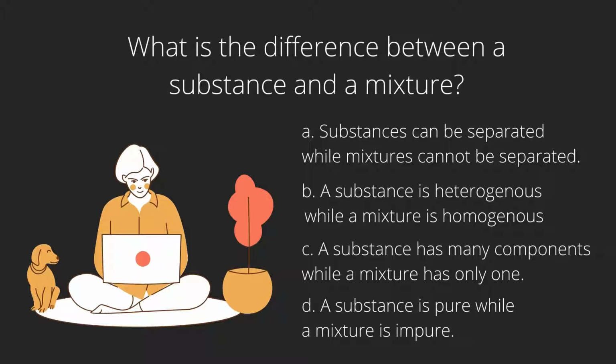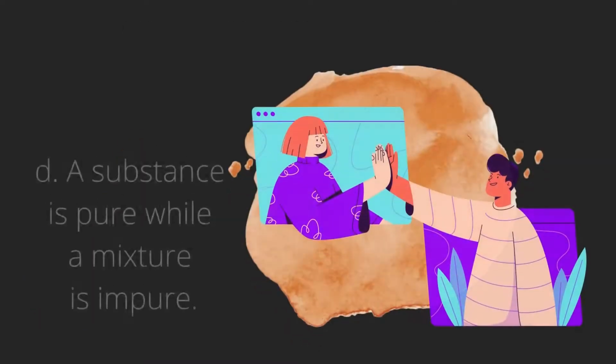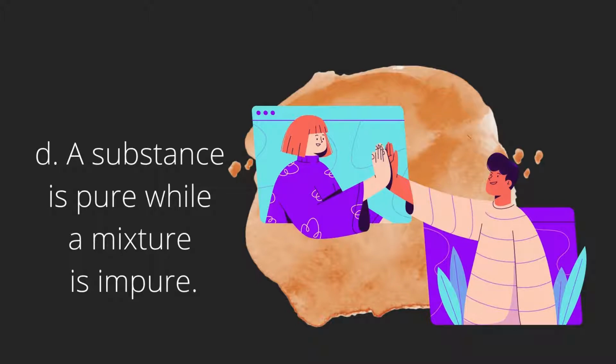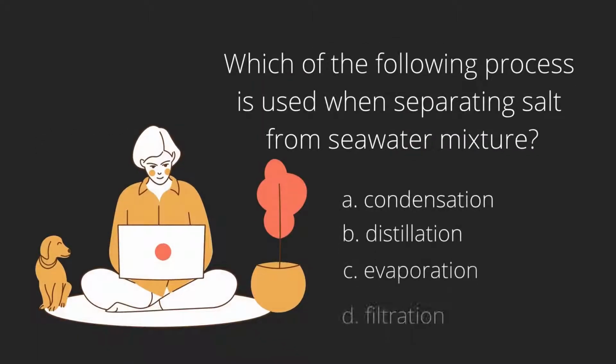D. A substance is pure while a mixture is impure. Correct! Question 3. Which of the following process is used when separating salt from seawater mixture? A. Condensation. B. Distillation. C. Evaporation. Or D. Filtration.